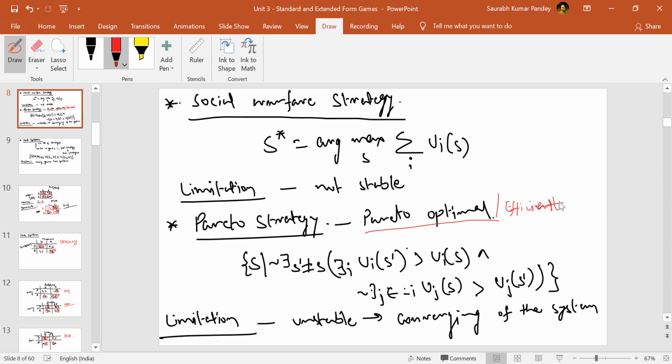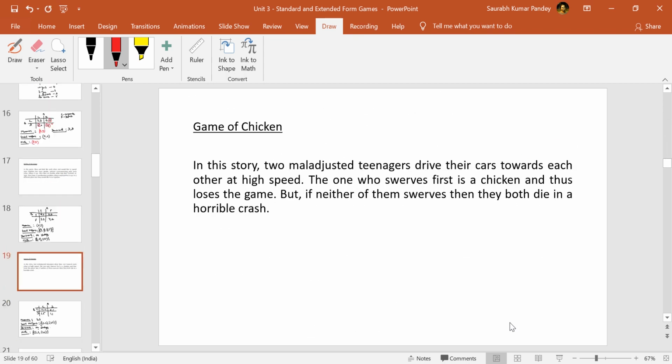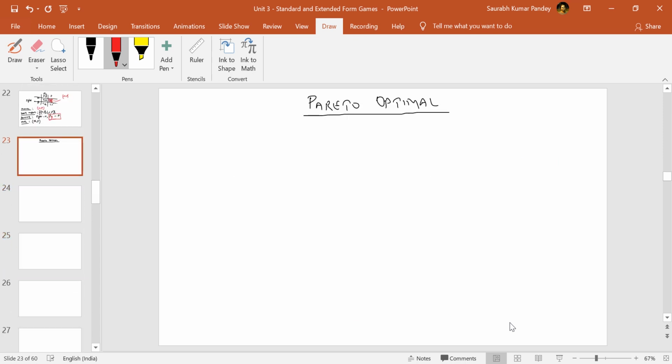The concept is very simple, and it is represented with the use of this formal definition in mathematical form. We have also seen a simple limitation, that it is unstable at certain times because of the converging of the system. So we will see at length what Pareto optimality basically is, by first talking about certain points.